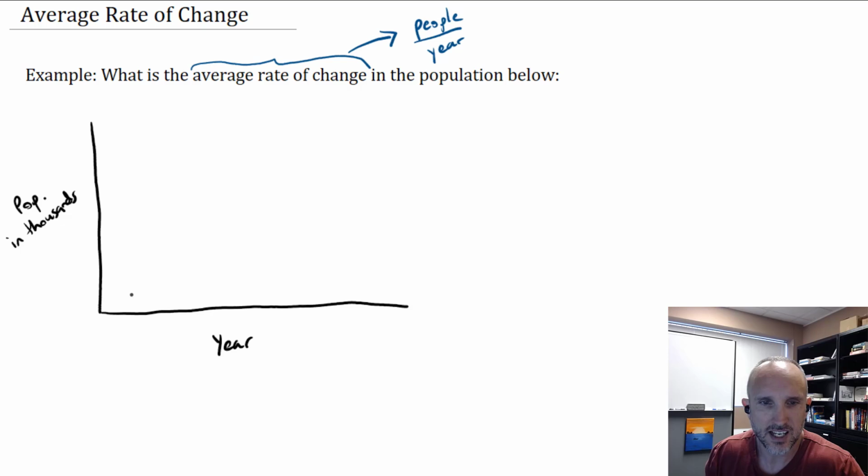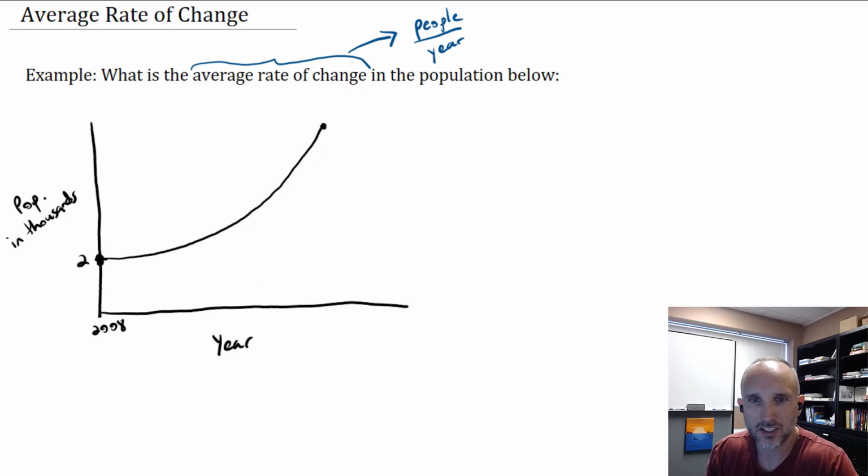And let's say that we want to start at the year 2008. And initially the population is, let's say 2000. And over time, the population is going to grow, and the rate at which it grows speeds up like this. Something like that. Now, I'm not giving you more details about the graph because I'll specify some information about it shortly.